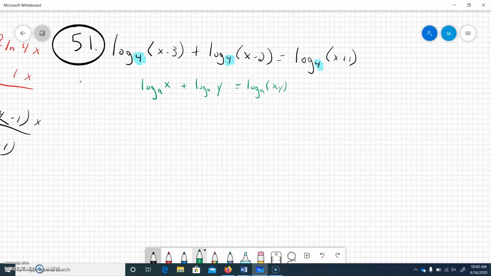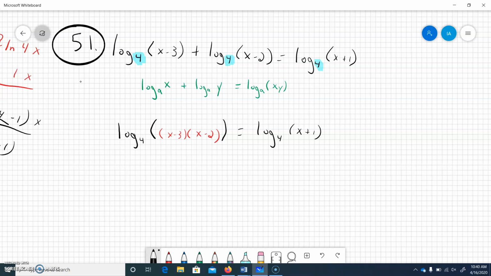So let's do that, and let's just do it with the left-hand side here. So we'll have log base 4 of x minus 3 times x minus 2, and that'll be equal to the log base 4 of x plus 1.